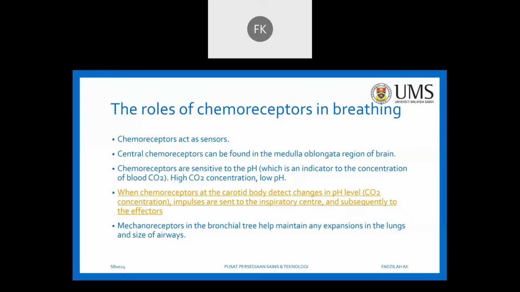Take in the oxygen and push out the carbon dioxide. Mechanoreceptors in the bronchial tree help maintain expansion of the lungs and the size of the airways. You can learn more about this in homeostasis.